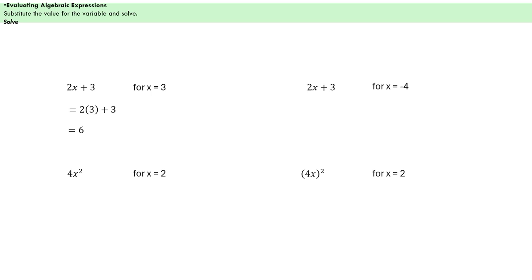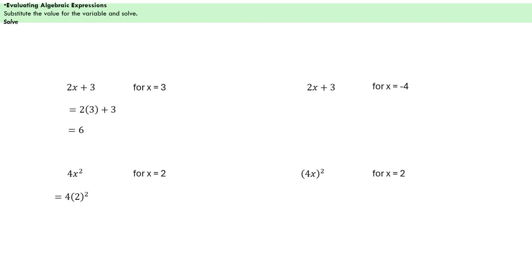Next example, 2x plus 3, where x equals negative 4. So 2 times negative 4, oops, wrong expression, 4x squared. Now, the exponent on the x squared applies only to the x, not to the 4. This is an important thing to realize in expressions like this.